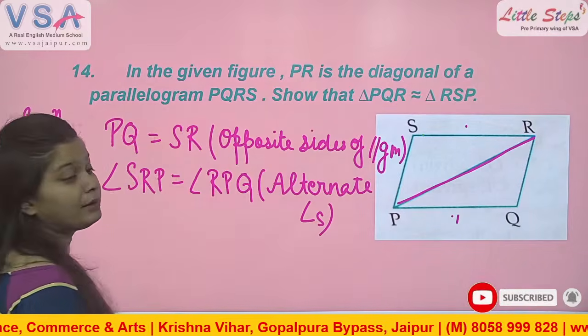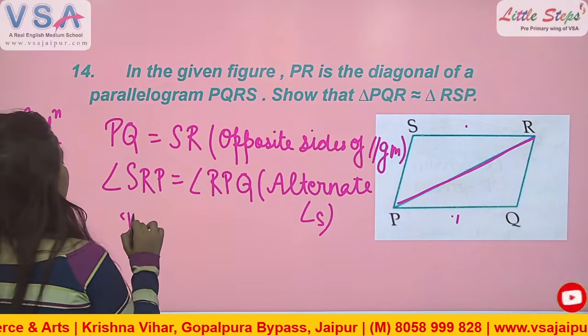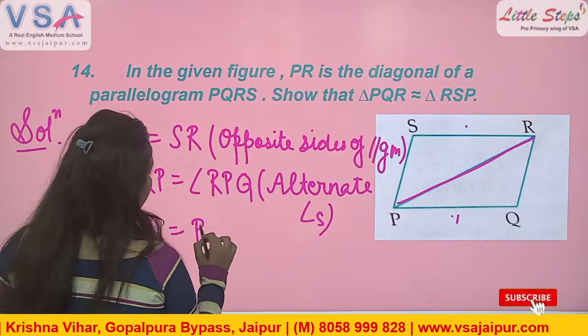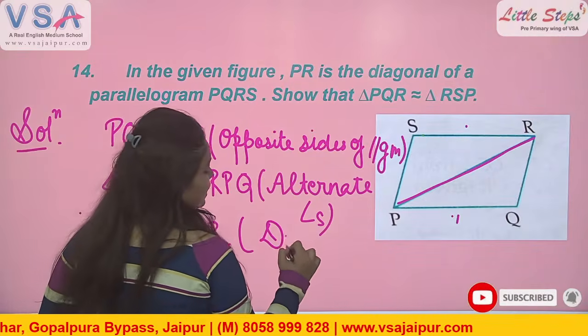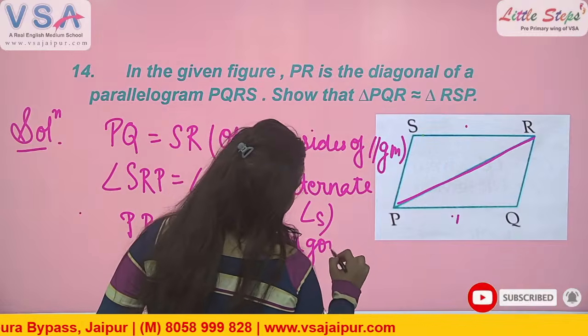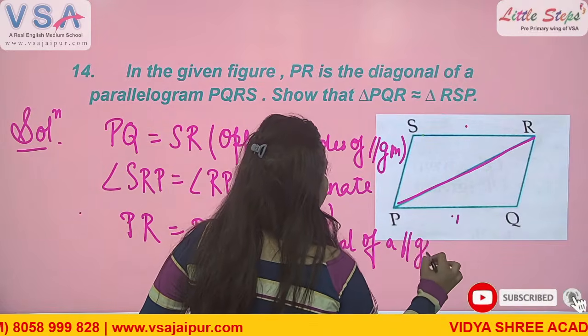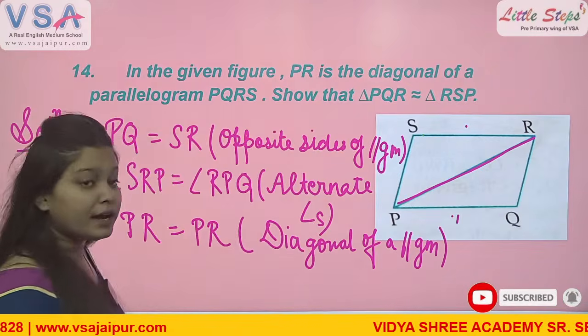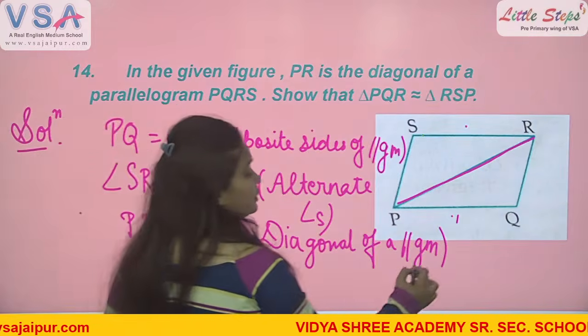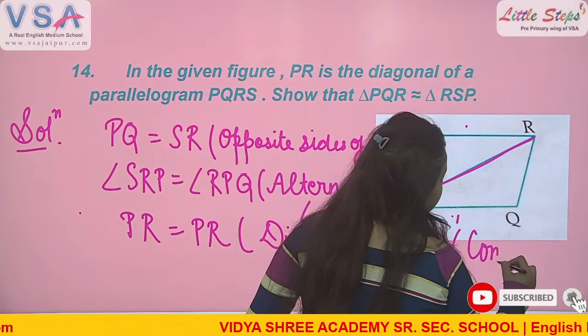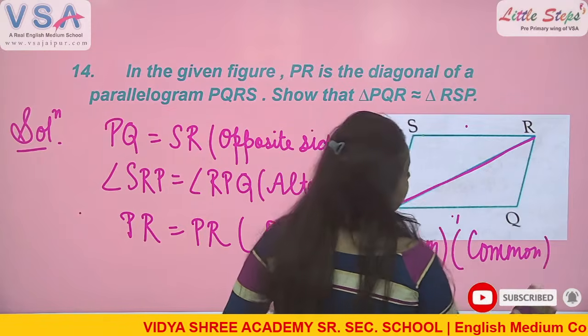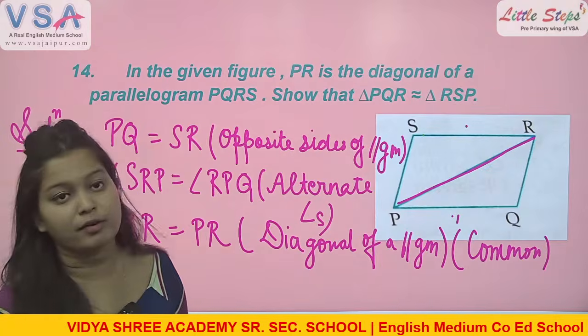ये दोनों triangle में line आ रही है. That is PR is equal to PR. What is it? It is a diagonal of a parallelogram, or else you can also write common. This is the common line which came in both the triangles. दोनों triangle में common line आ रही है.